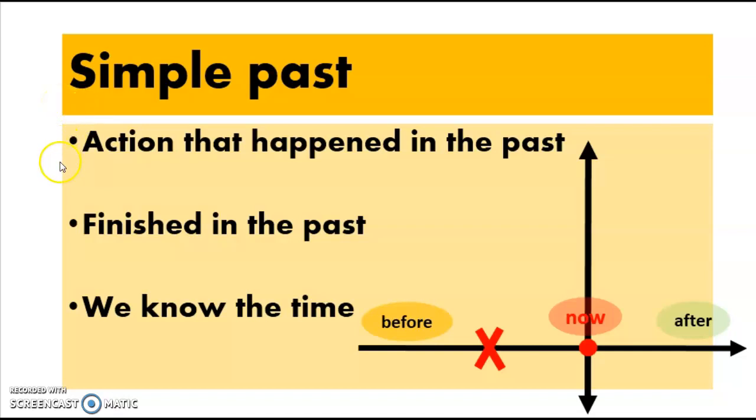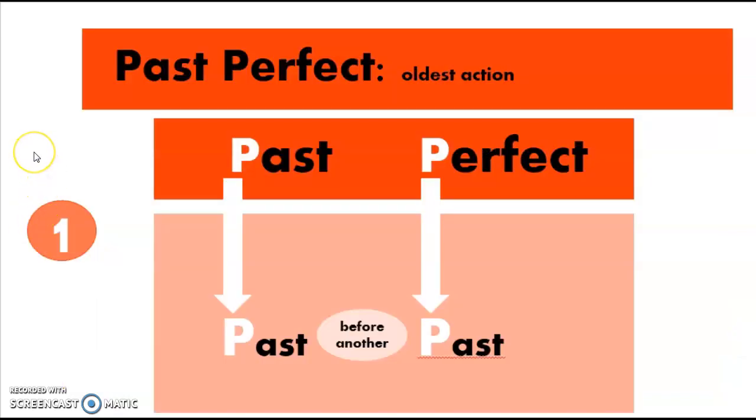Regarding the simple past, it's an action that happened in the past, finished in the past, and we know the time. As for the past perfect, it's when we have two actions in the past. We called it the past before another past. It's the oldest action.